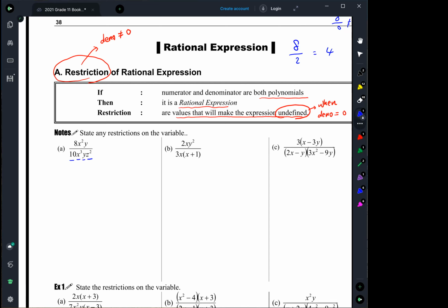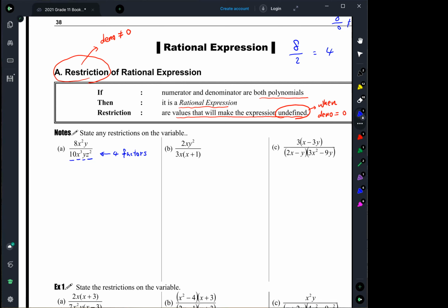There are 4 parts, or 4 factors. Factors means they are multiplying. So I want to find out what number will make each factor become 0.